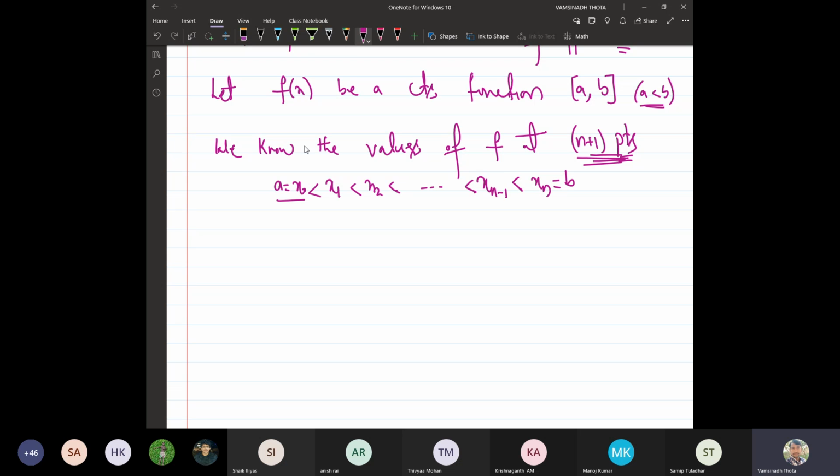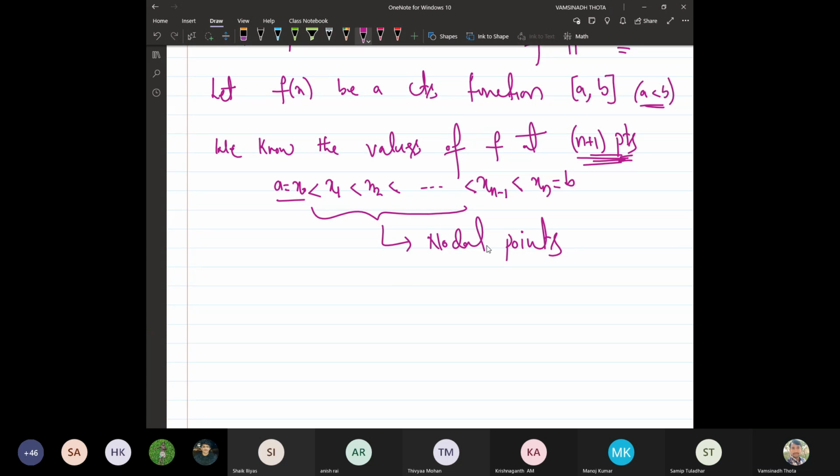Now, these points are called nodal points. Nodal points means the points at which we know the values of the function f.